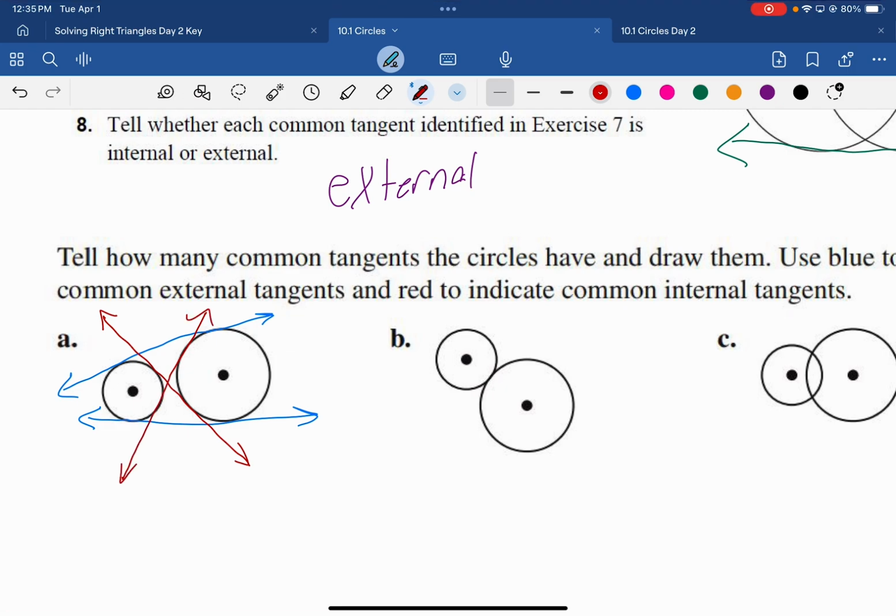It doesn't matter if they cross other lines. What matters is how many times they intersect the actual circle. Do y'all see anywhere else we could put any kind of common tangent? No, that's it, right? How many do we have there? 4.